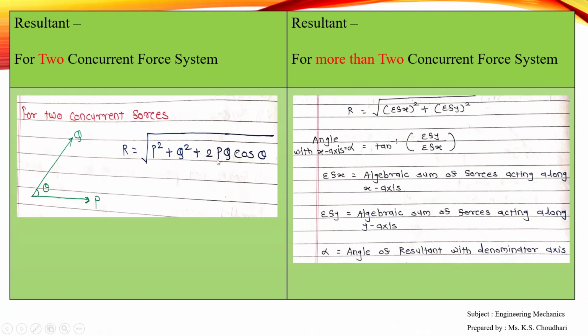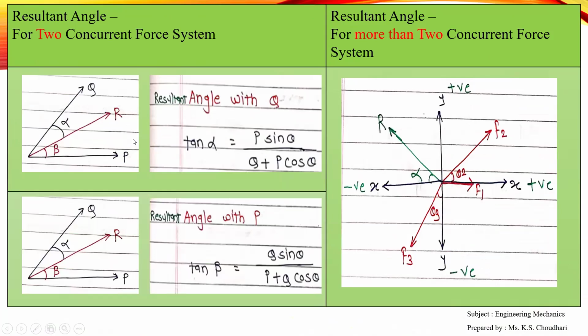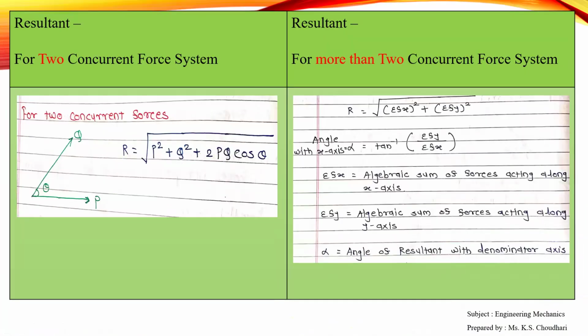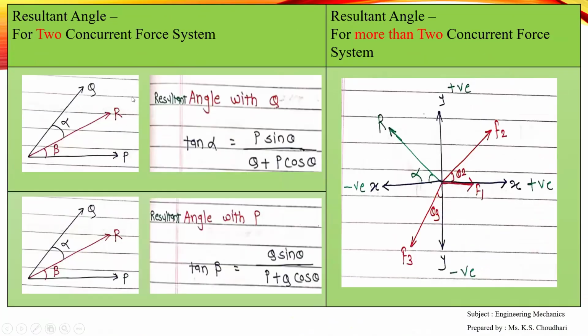This is the formula to find out the resultant of a two concurrent force system. Now we have to find the position of this resultant with respect to P and with respect to Q. According to that, the formula changes.